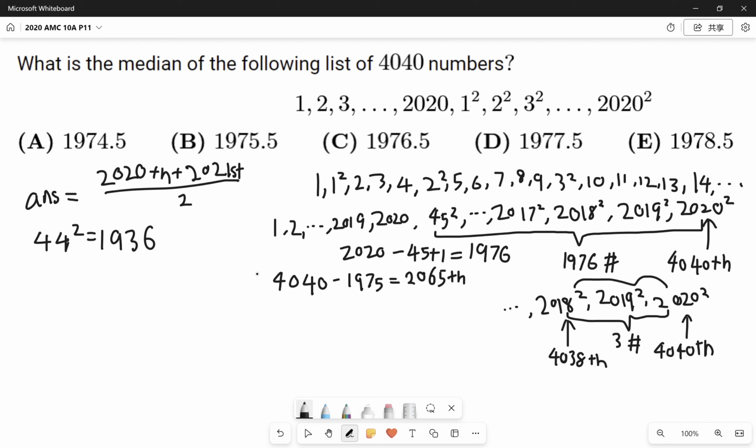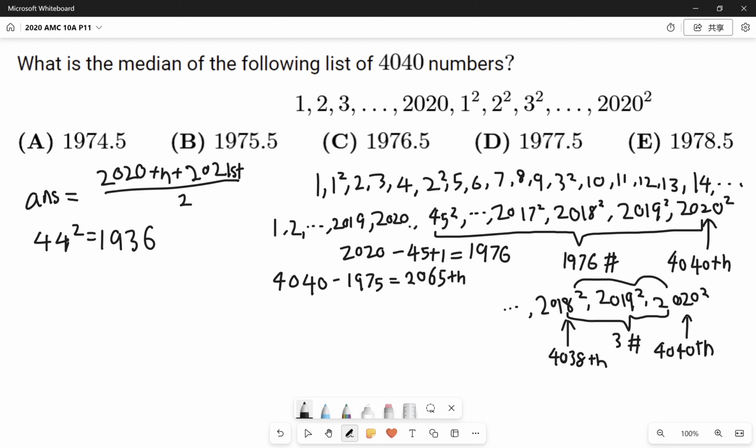We want to find out: is 44 squared before or after the 2020th number? If it's after, we have to do some extra work. If it's before, then chill.